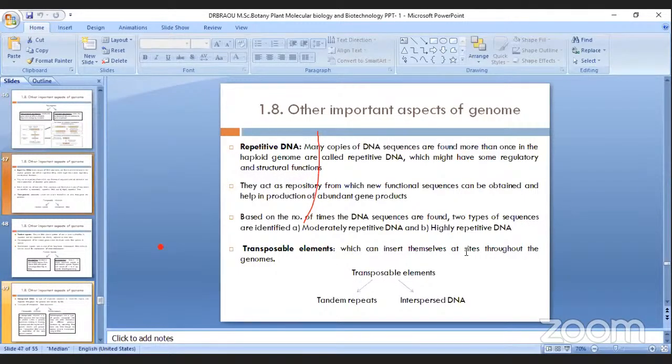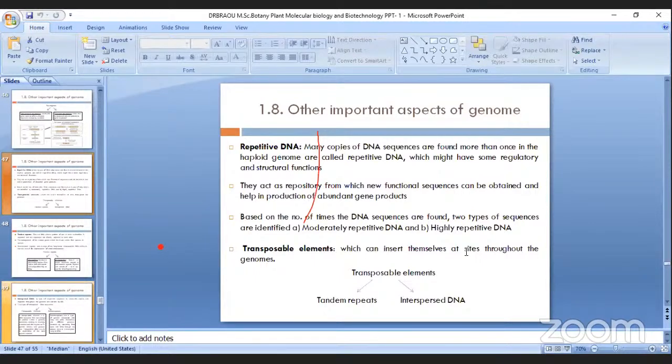Next category is repetitive DNA. You find many DNA sequences repeating again and again in the haploid genome. DNA sequences found more than once are called repetitive DNA, and these might have regulatory and structural functions.